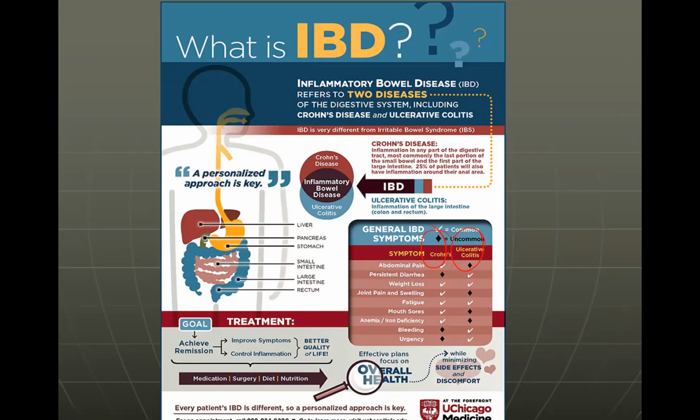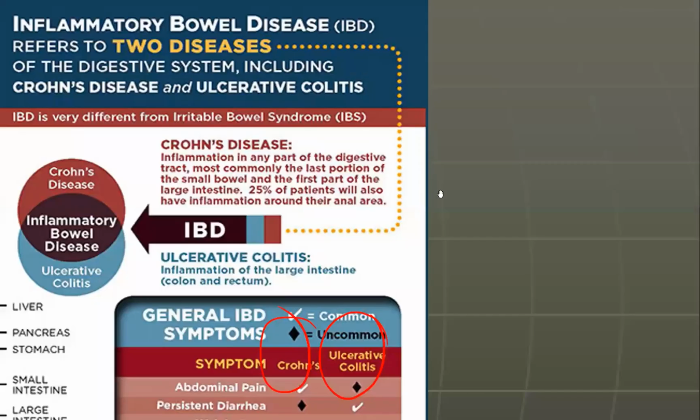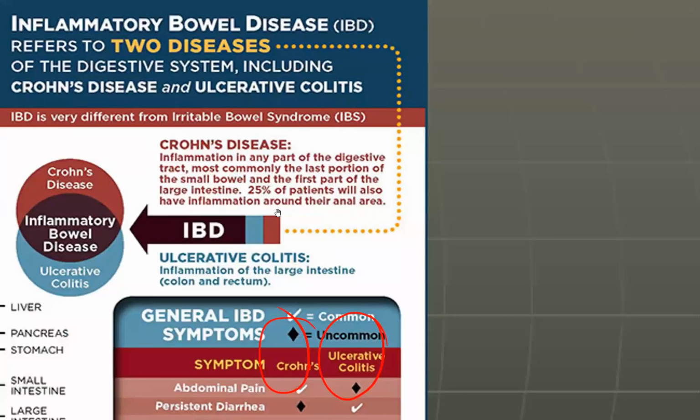So in terms of where they affect the body, there's a difference between the two. You can see it highlighted here, where it says Crohn's disease can be in any part of the digestive tract, whereas ulcerative colitis is just the last part. Okay.